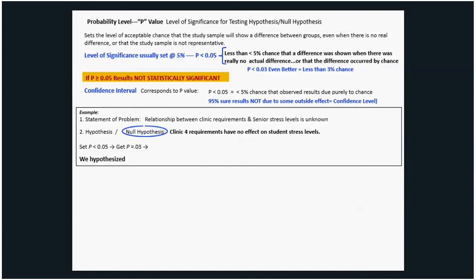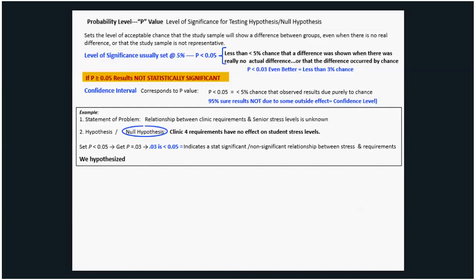So we set the p-value as being less than 0.05, right? And we actually get a p-value that's 0.03. So what does that mean? 0.03 is less than 0.05. So is that going to indicate a statistically significant or a non-significant relationship between stress and clinic requirements? We know that if it's less than 0.05, we're showing that there is some type of relationship between the two.